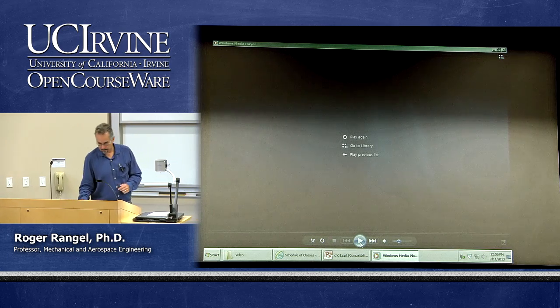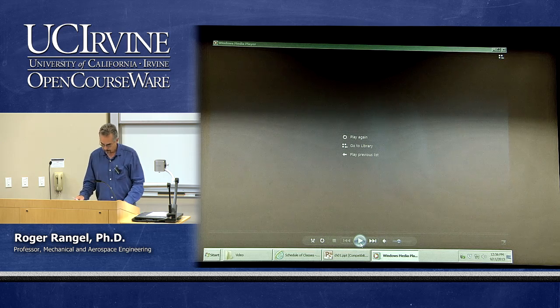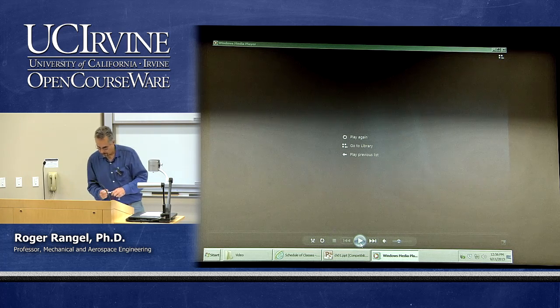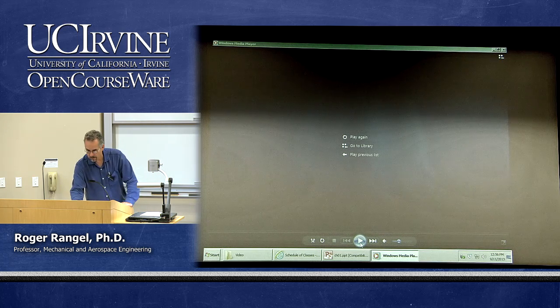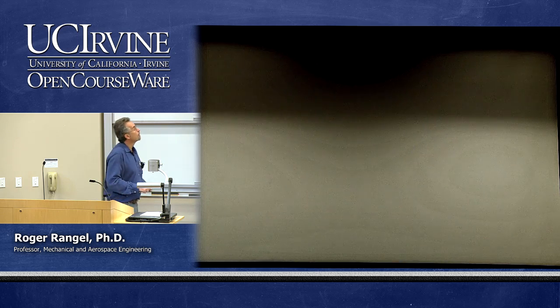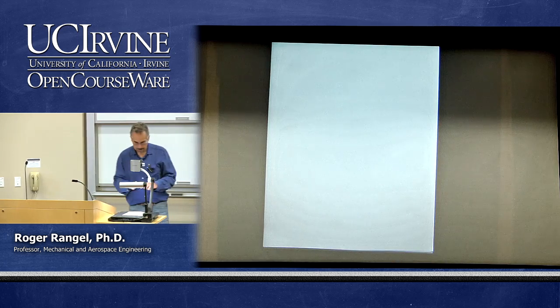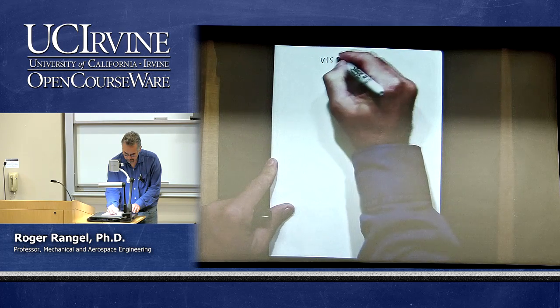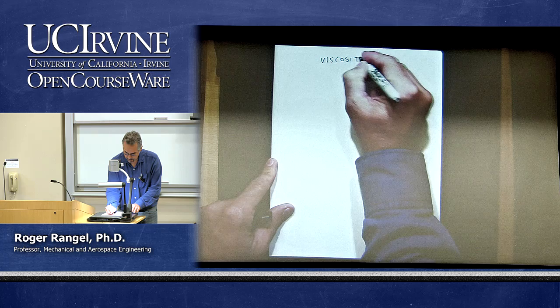And the first concept that I want to bring to your attention is the concept of the no-slip condition. So let me go back to the document camera. And we're going to be talking about viscosity.